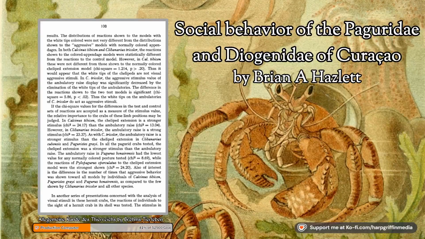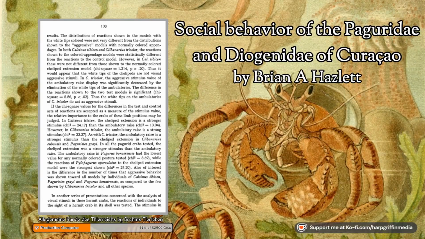cubensis and Paguristes grayi. In all the pagurid crabs tested, the cheliped extension was a stronger stimulus than the ambulatory rays. The ambulatory rays in Pagurus bonarensis had the lowest value for any normally colored posture tested. Chi-squared equals 8.69, while the reactions of Pylopagurus operculatus to the cheliped extension model were the strongest shown.